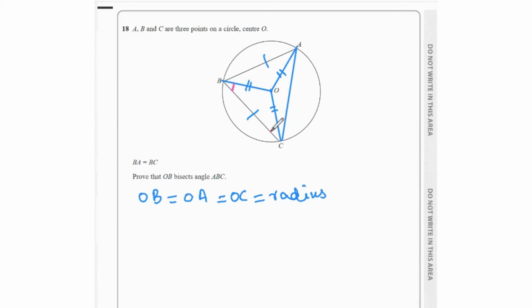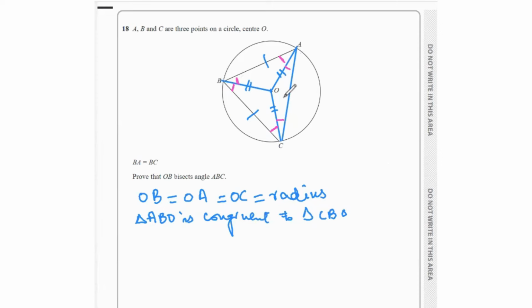This would be the same as this. This would be the same as this. All of these would be the same. Okay. So what we can write over here is that triangle ABO is congruent to triangle CBO.